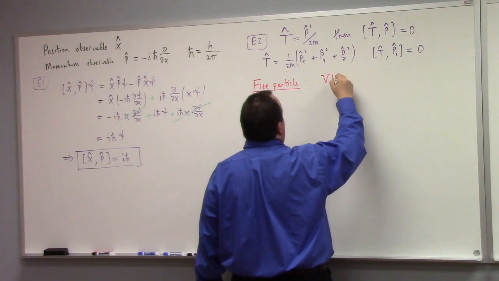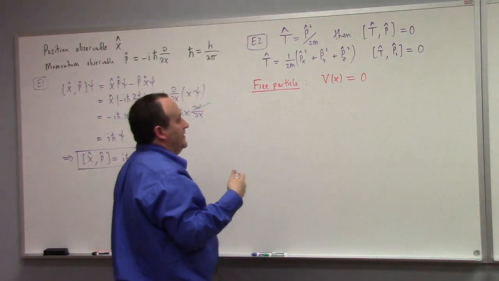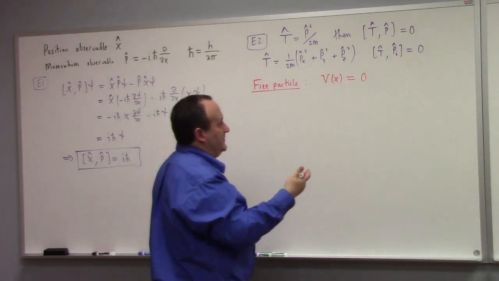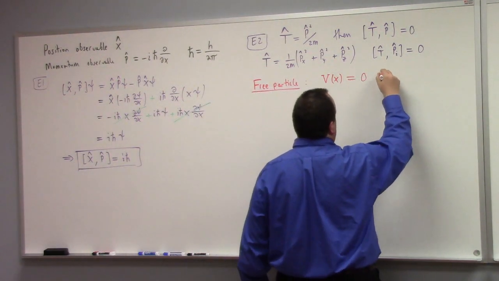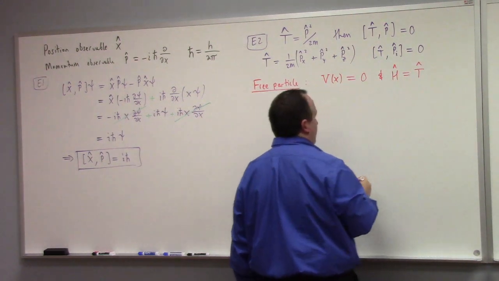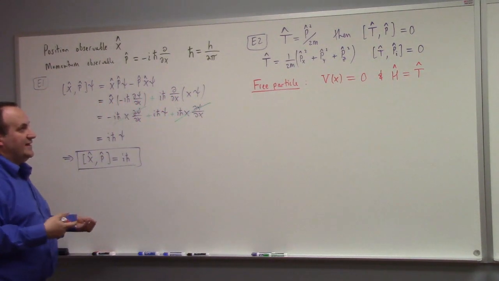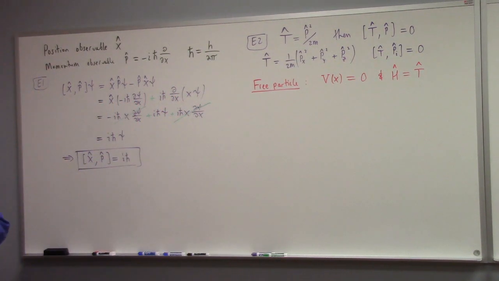Oh well. So if your potential is 0, then it's a free particle, right? So in other words, for a free particle, the potential energy is 0, and so basically the Hamiltonian operator is equal to the kinetic energy operator. And so what example 2 could be restated to say is that for a free particle, of course the eigenvalues of the Hamiltonian are called the energy, right?